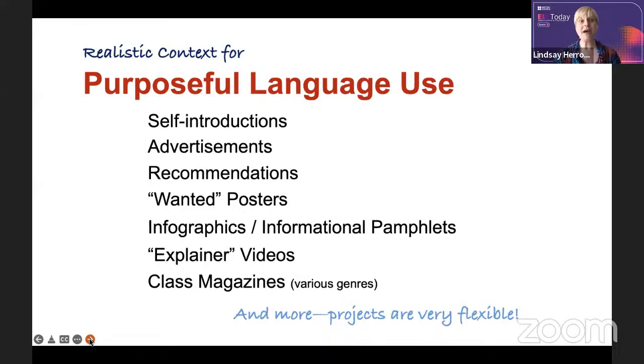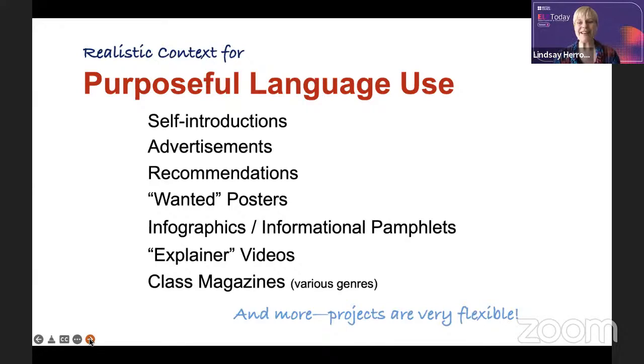So first, projects give a realistic context for purposeful language use. You're not just memorizing and reciting English, but you're using English for a realistic purpose, like a self-introduction, an advertisement, a recommendation, a wanted poster, infographics or informational pamphlets, explainer videos, class magazines, and more.